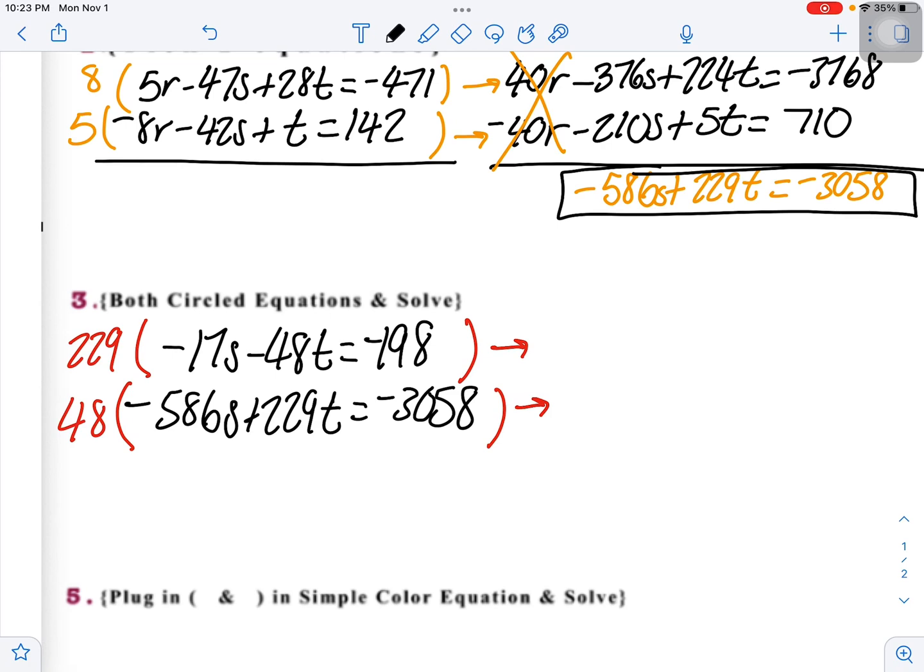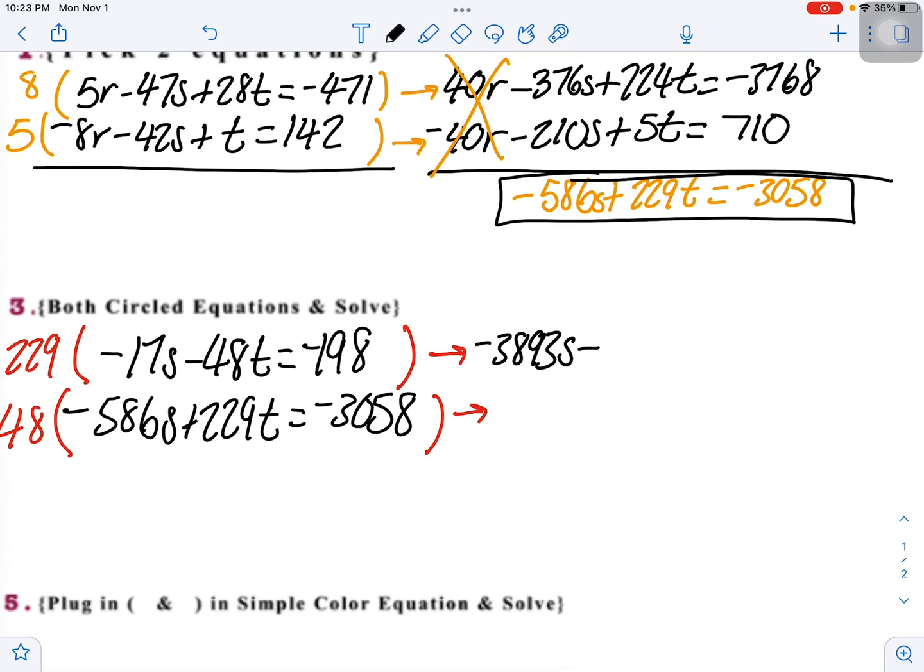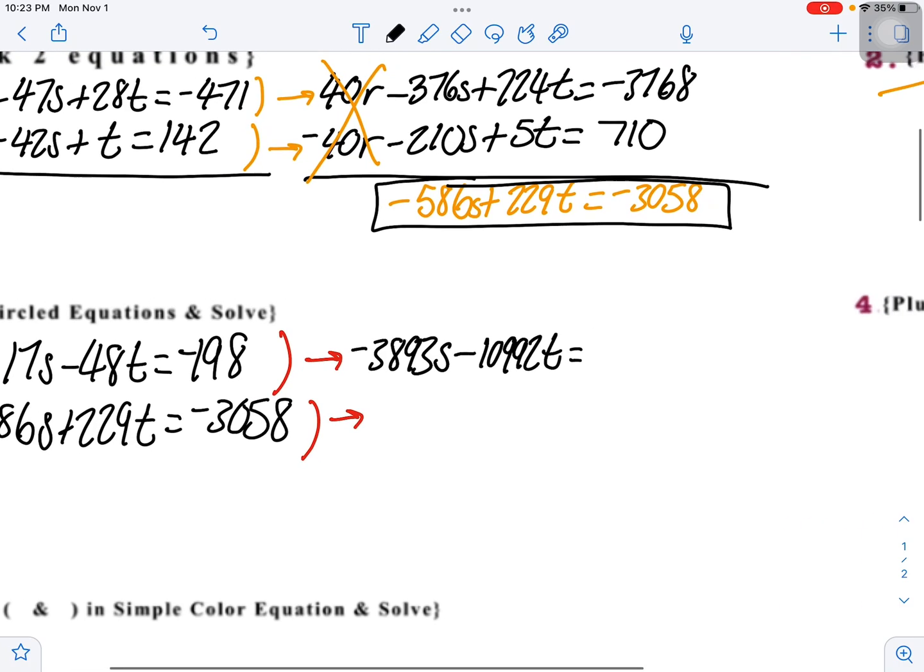So 229 times 17 is 3893, negative 3893s minus 229 times 48 is negative 10992t is equal to 229 times 198 is negative 45342.